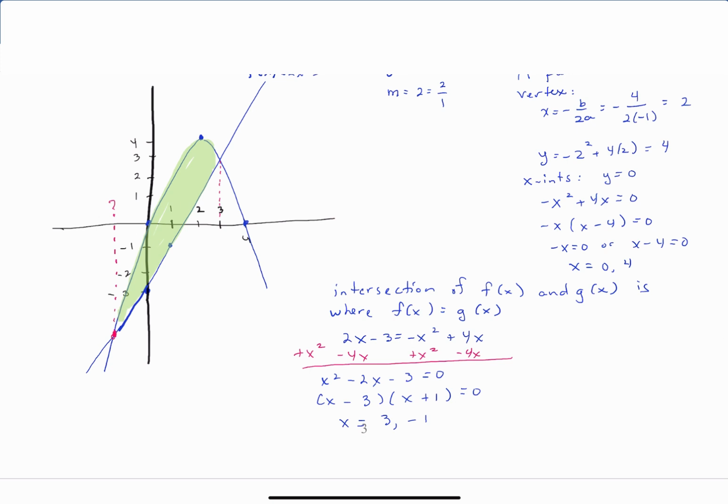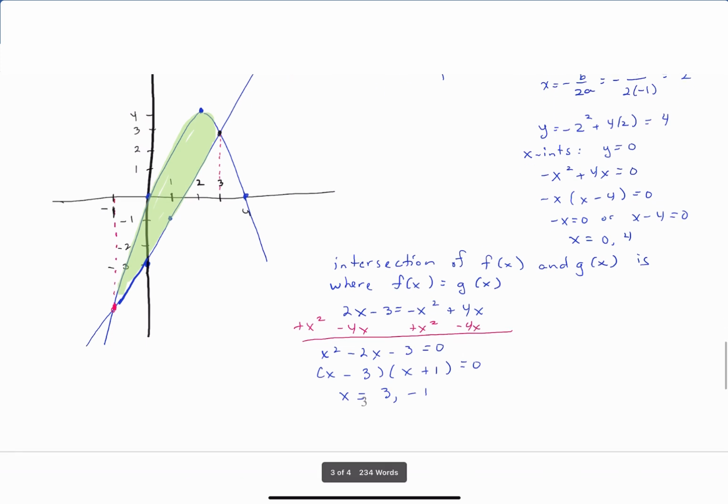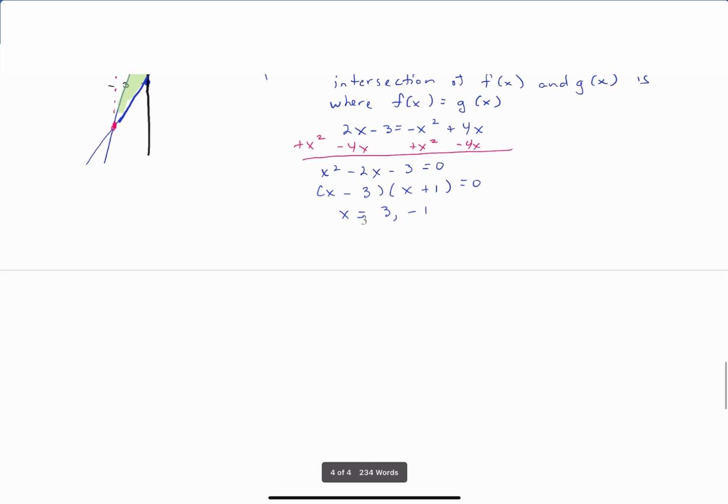So I actually feel kind of proud that my graph actually looked like that intersection on the right was at 3. And the intersection over on the left we've just determined is at negative 1. So now we can find that area.